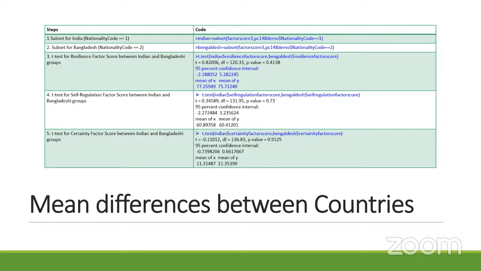So Bangladesh and India, there is no such difference with respect to the three principal components. This is the t-test.